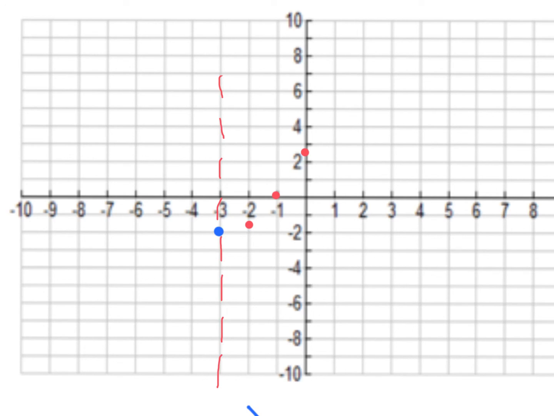Right one, up 3.5. Be right about there-ish. Okay. Now, we'll reflect this over the axis of symmetry. So 1 space, so 1 space. 1, 2, so 1, 2.